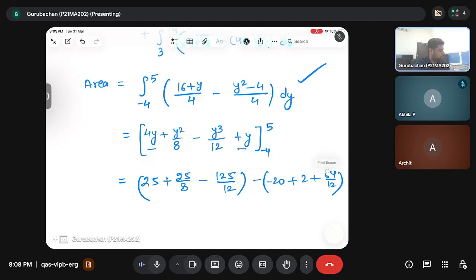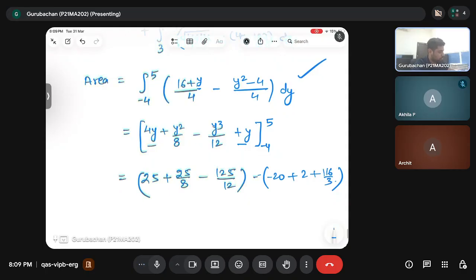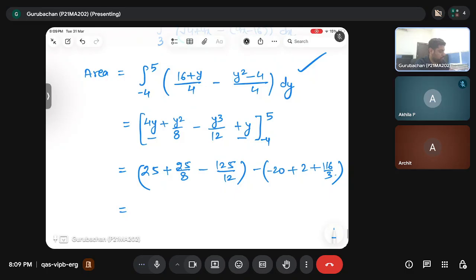So this can also be written as 16 by 3. So the first term will be 45, the second term will be 25, less the 16.